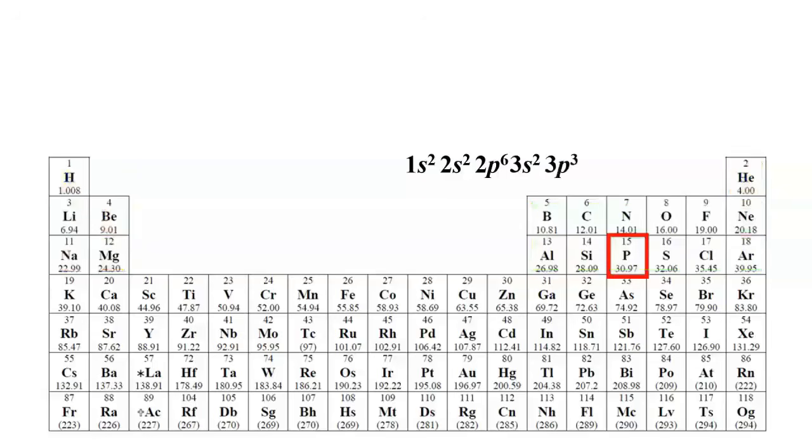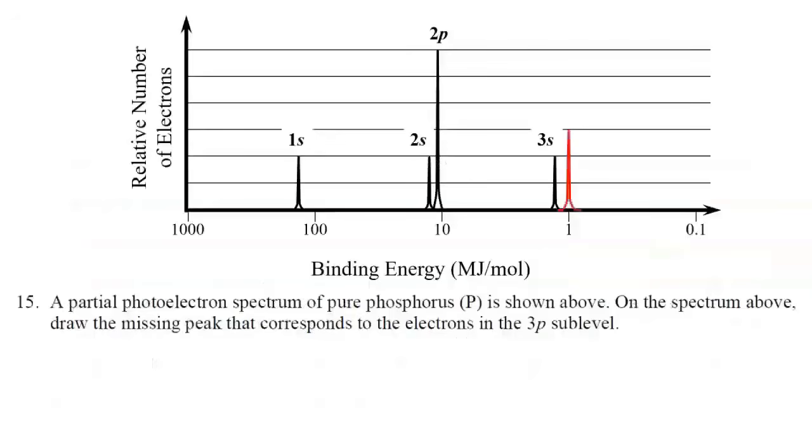So we have to show a peak on the diagram that is to the right, as in having a lower binding energy, and the height of the peak should show that it's got 3 electrons in the 3p sublevel. So I'm going to draw the peak that is to the right, and it goes up to the third little notch on that scale on the y-axis.